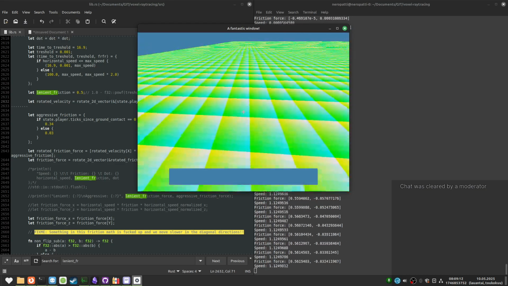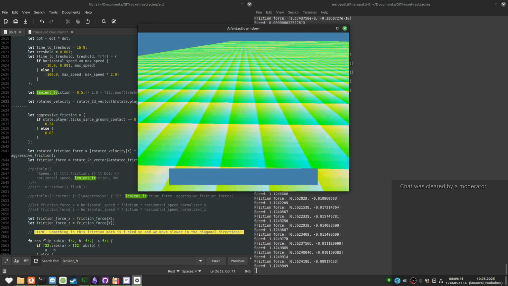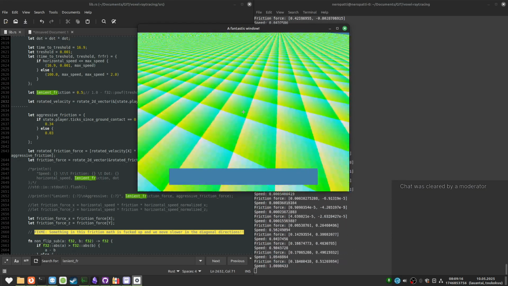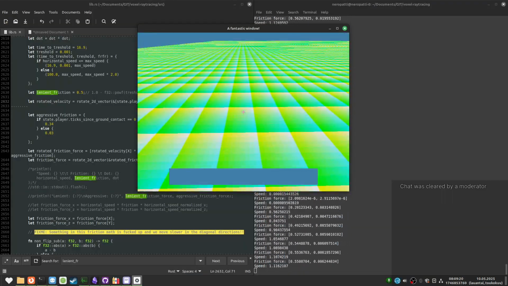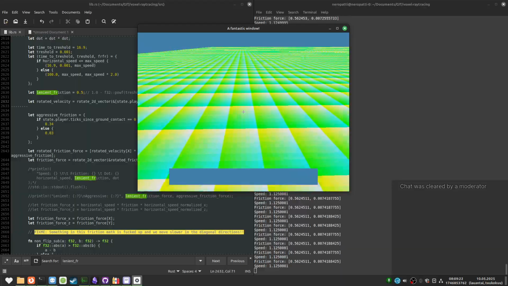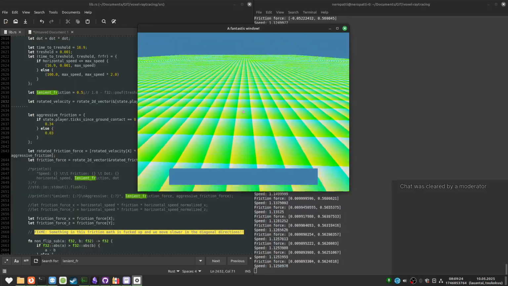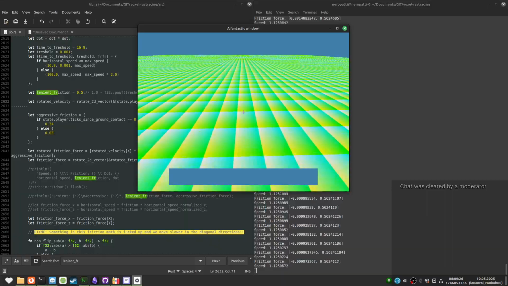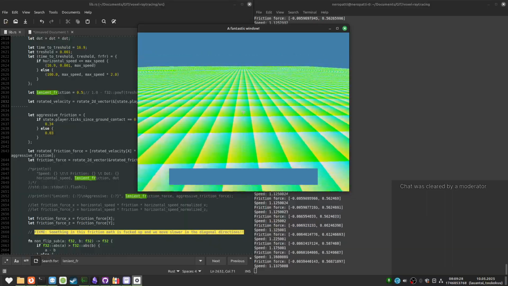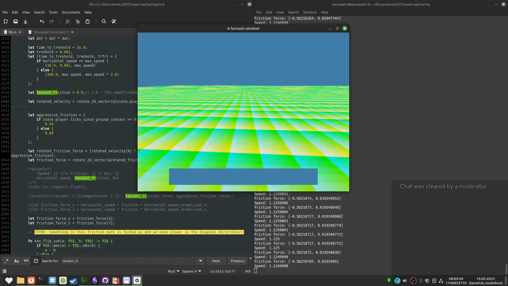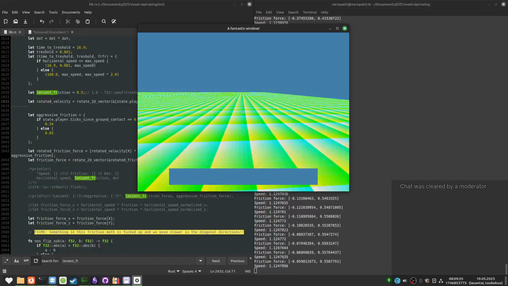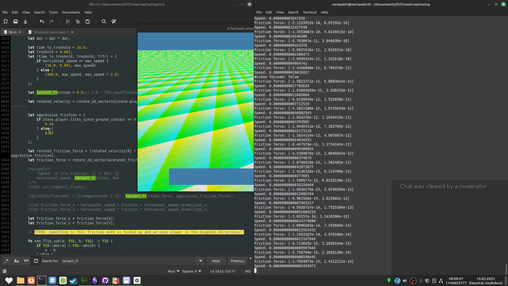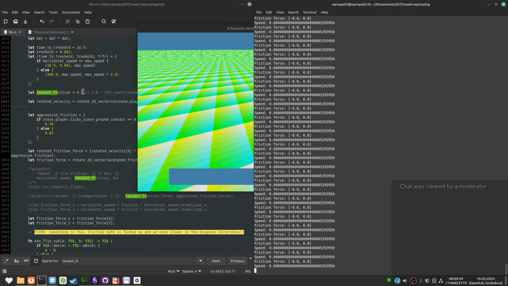Oh, okay. Now the friction kind of just feels normal. Hmm. And we can reach our normal speed. Now we cannot accelerate with jumping. Still, progress. We're on slide forever for no reason.